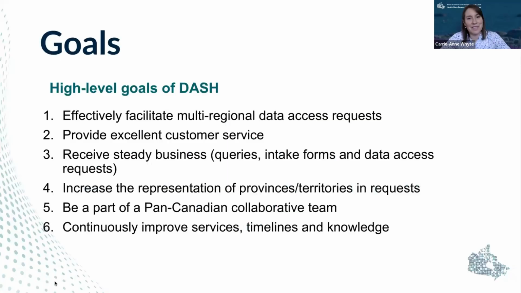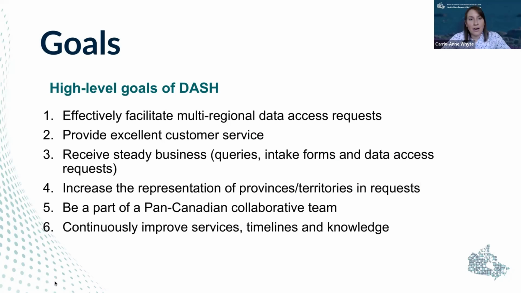Next slide, please. So at a high level, I would say DASH currently is focused on 6 goals. That doesn't mean that as we evolve there won't be more goals that we're trying to address. And there's also network goals that we're supporting as well.